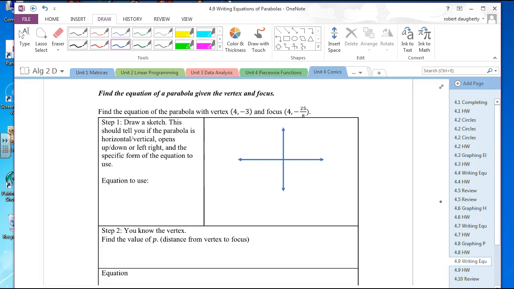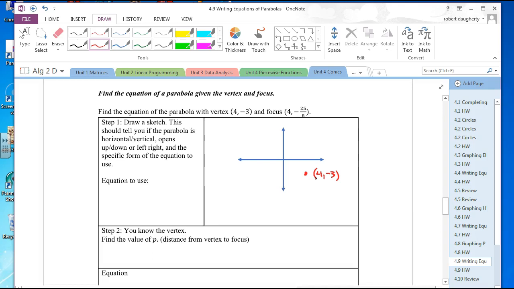Yeah, let's graph it. That's sort of the clue that you see a graph here to the right. So 4, negative 3. That is somewhere right here, okay? So that's 4, negative 3. What's 25 over 8? What is that? Yeah, so it's negative 3 1/8. So if this is 4, negative 3, is the focus going to be lower or higher? Lower or higher?